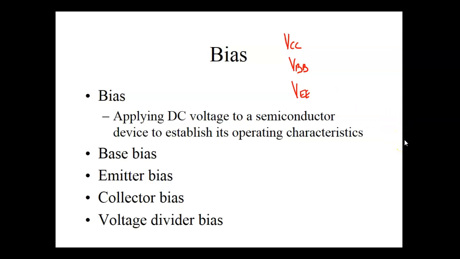When we started looking at transistors, we started off with two battery bias. This is the first one you set up, and then we come over here and put another battery up.